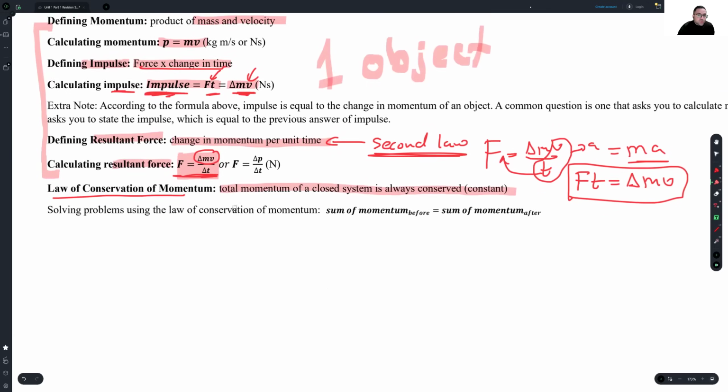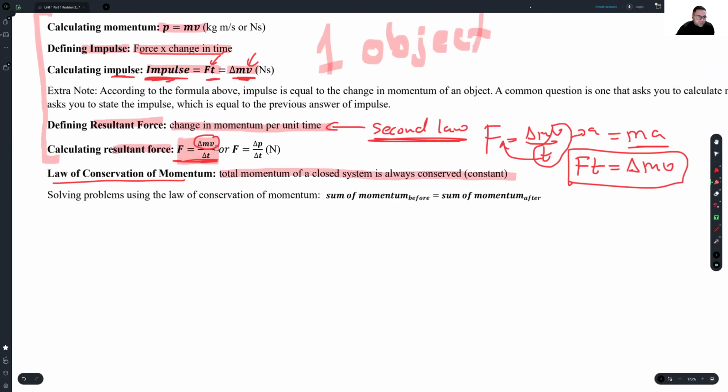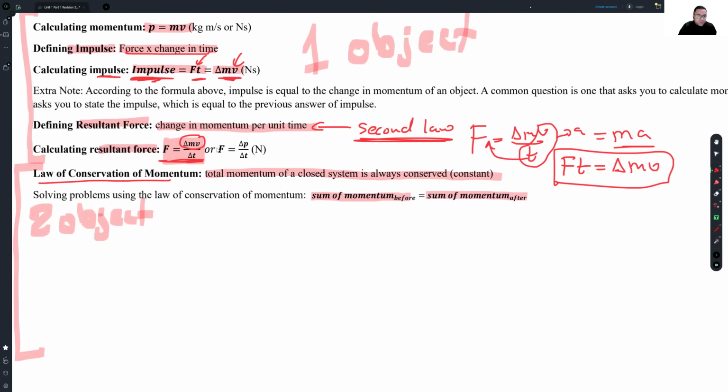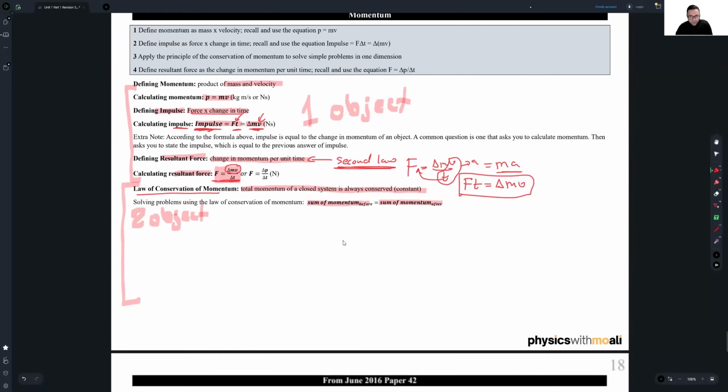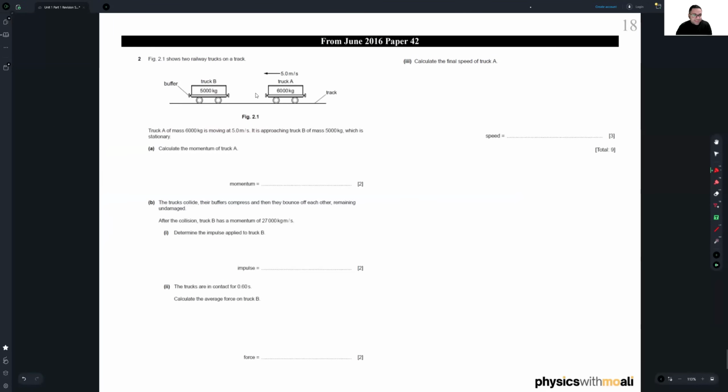But if we have two objects colliding, we use the law of conservation of momentum, which is the total momentum before a collision equals the total momentum after a collision. Here's a quick example as to how we use it, and then we'll solve a question that has that same example.